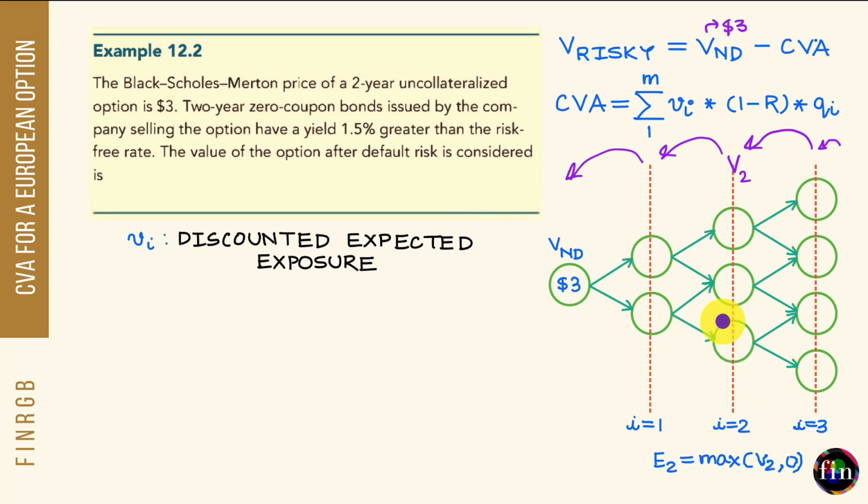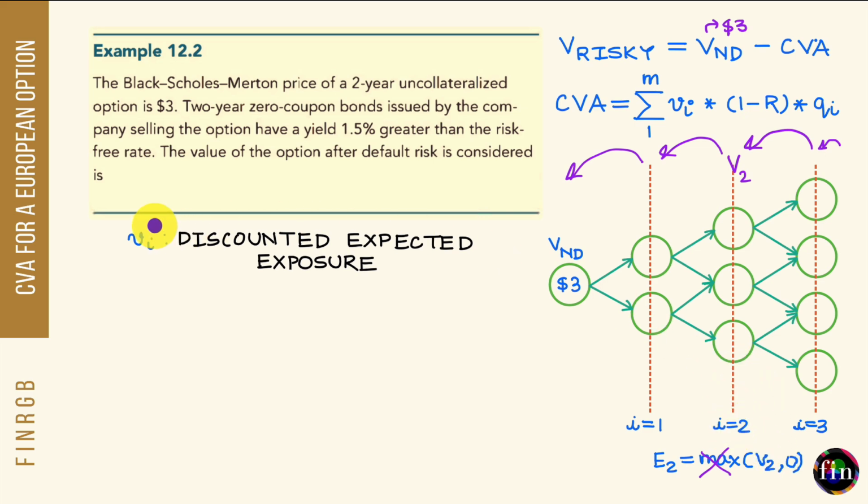Now, since in this situation we are working with a position which cannot have a negative value because we are dealing with a European option, we needn't do max of V2, 0 because V2 cannot be negative, right? So in this situation, my exposure E2 is simply equal to V2, right?